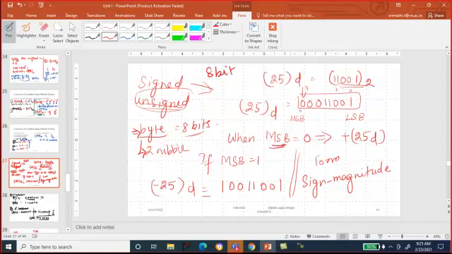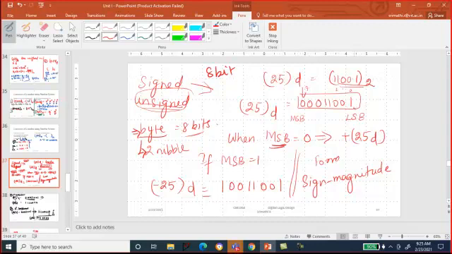The most significant bit is 0 here; 25 has only 5 digits. If I want to represent this 25 as a byte, I'll add 3 preceding zeros to 11001, because put together it's 8 bits, a byte, a combination of 2 nibbles.